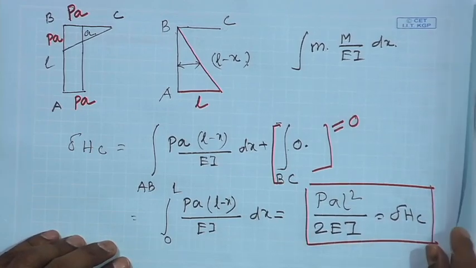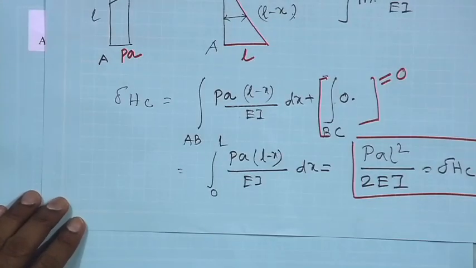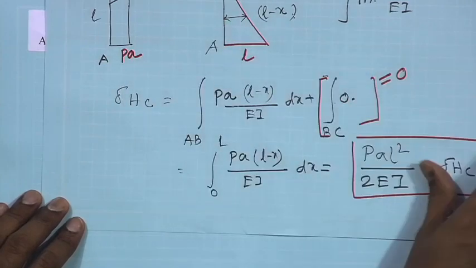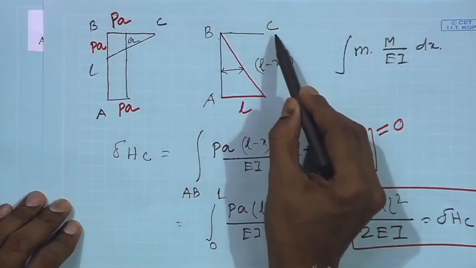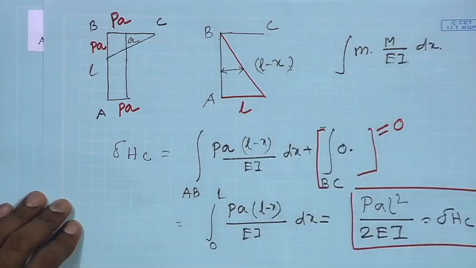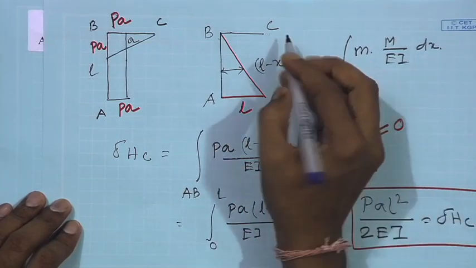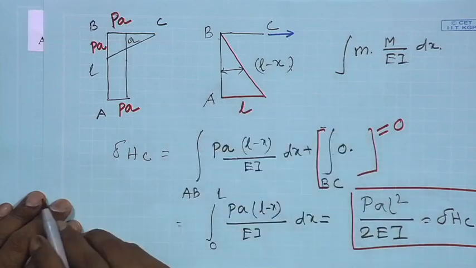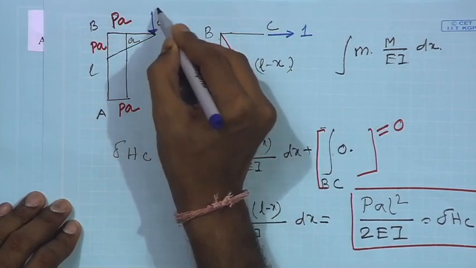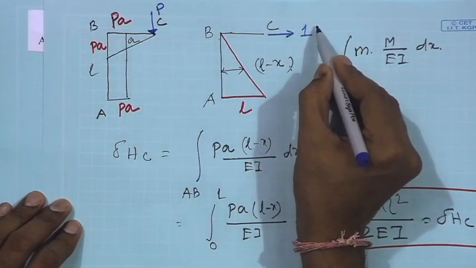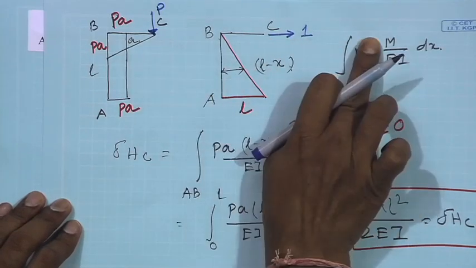Now, if we have to find out vertical displacement, the same thing, this capital M remains same. Only thing is, instead of applying unit load in horizontal, in this case the unit load was applied like this, and this is the actual load, this is P. In this case, unit load was applied because we wanted to find out horizontal displacement.